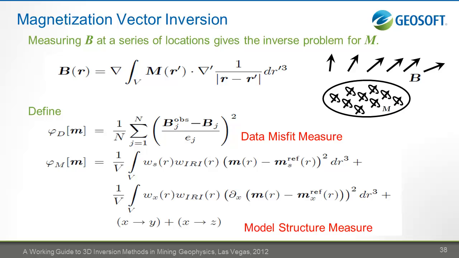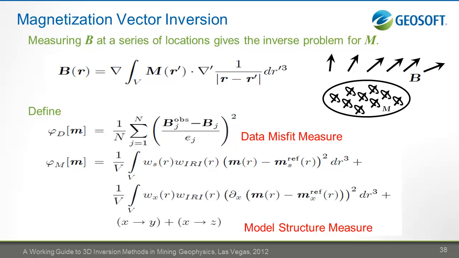Now let's turn to the magnetization vector inversion process itself. I won't go into this in detail because it's been covered by several other presenters in this workshop. Basically we have the expression which defines the magnetic field that we measure in terms of the magnetization in the Earth, which is the quantity we're trying to recover. The way we recover M from V is by forming an optimization problem.